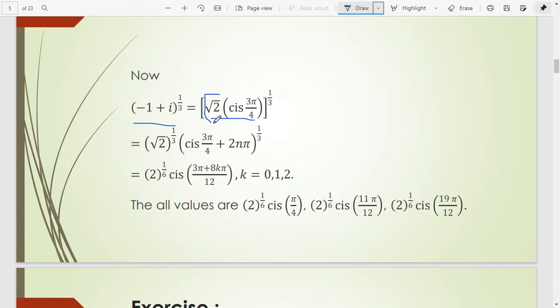So root 2 raised to 1 by 3 into cis (3 pi by 4 plus 2k pi) raised to 1 by 3. So 2 raised to 1 by 6 into cis of (3 pi plus 8k pi) upon 12, by De Moivre's theorem.